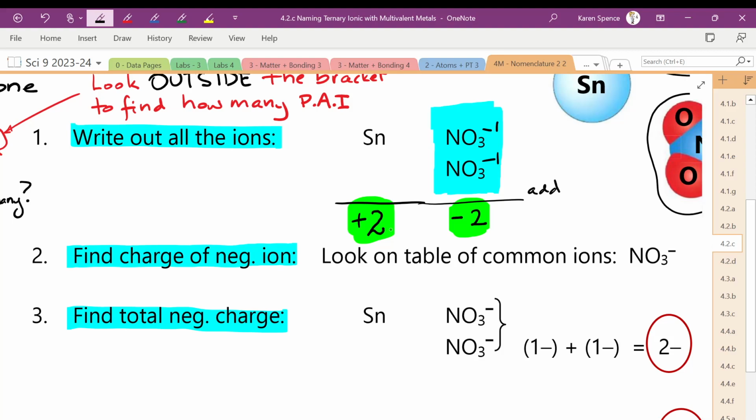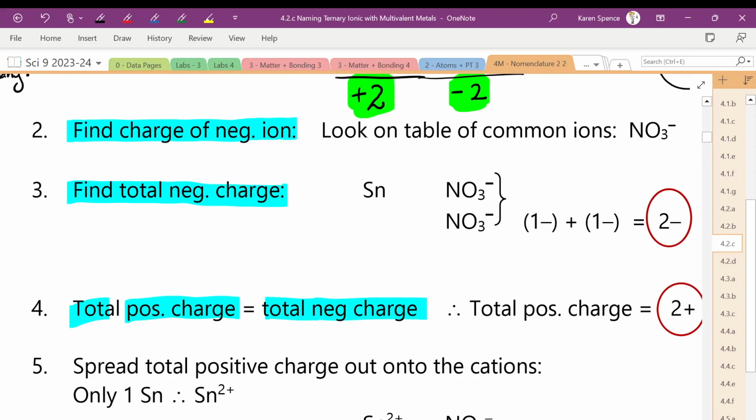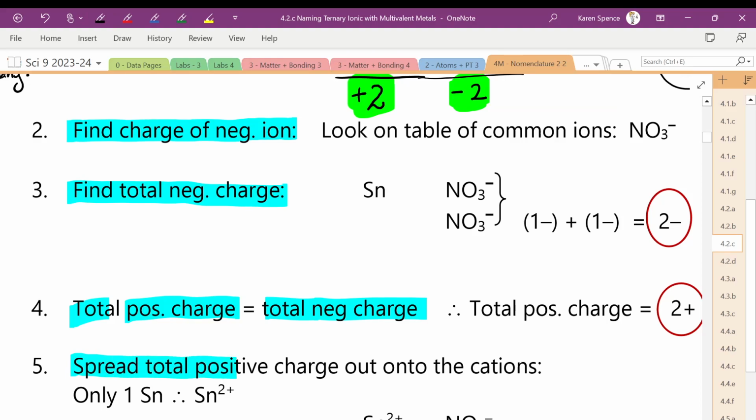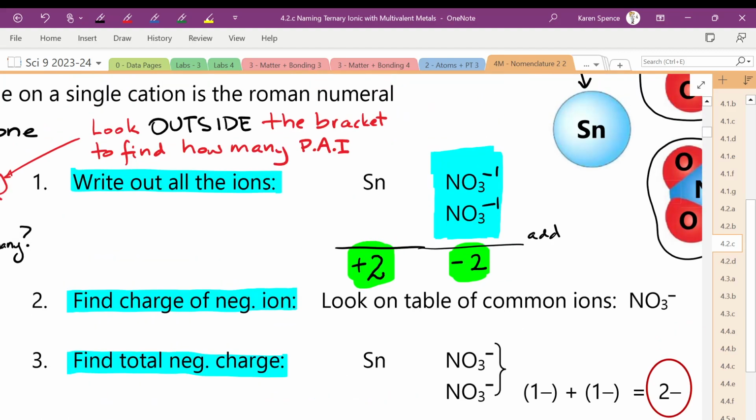And finally, step 5, you're going to spread out the total positive charge onto the cations. There's not much spreading out to do here because how many cations do we have? We only have 1 cation. So all that +2 has to go onto that 1 tin ion.